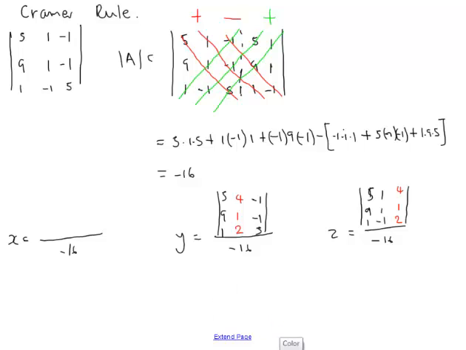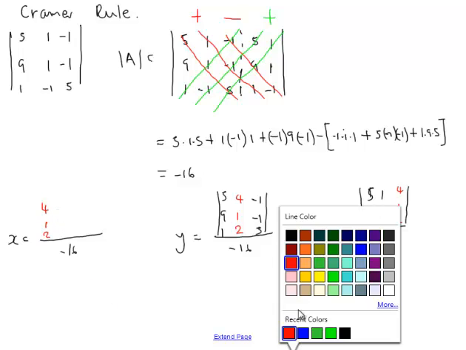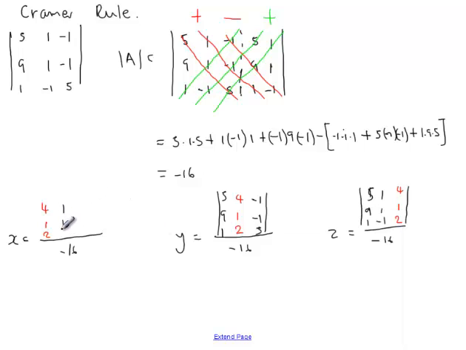Okay, then we come here, 4, 1, 2, 1, 1, minus 1, minus 1, minus 1, 5. Then we calculate the determinant all together. So this is what Cramer's rule is.